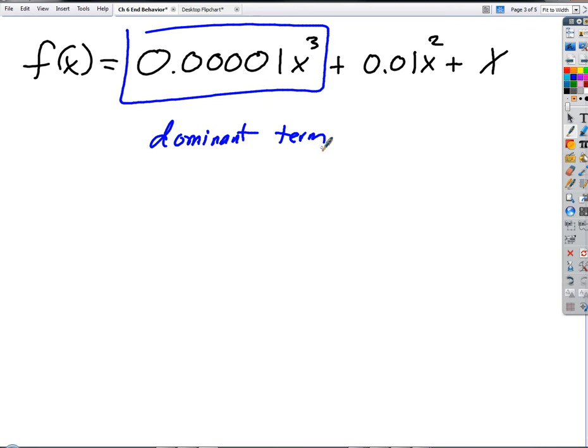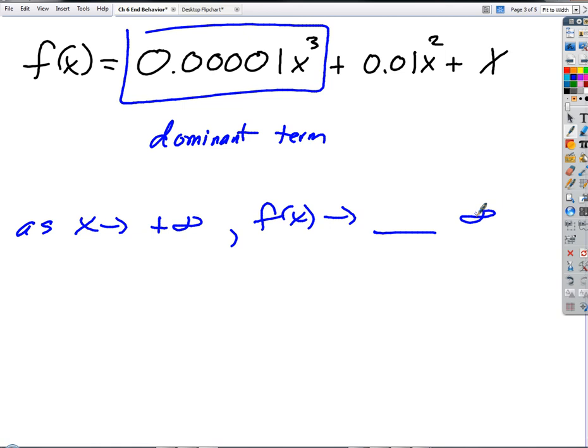And so if I want to answer the question for this function, as x approaches positive infinity, f of x approaches what kind of infinity, it's pretty easy to tell, right? All we have to do is look at that first term. That first term is going to give us what sign, if x is approaching a positive value?